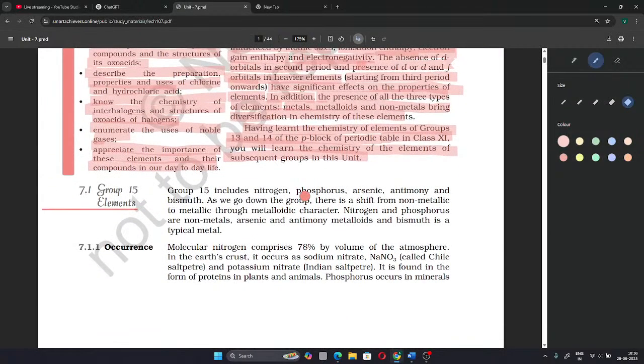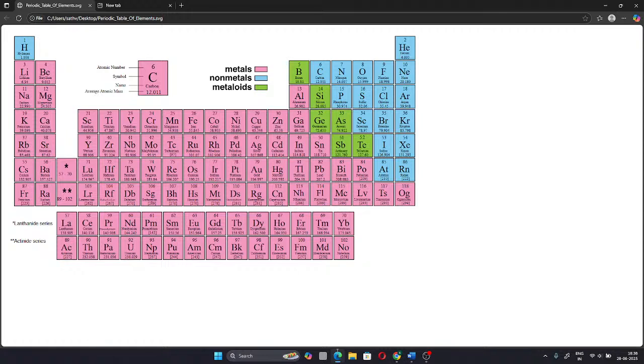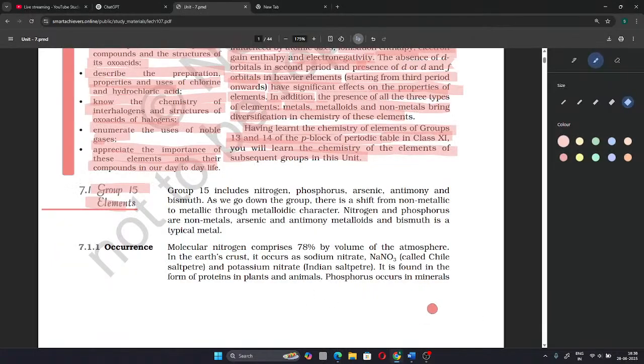Starting with group 15 elements, being nitrogen, phosphorus, arsenic, antimony, bismuth and moscovium. Group 15 includes nitrogen, phosphorus, arsenic, antimony and bismuth. They did not consider moscovium here.